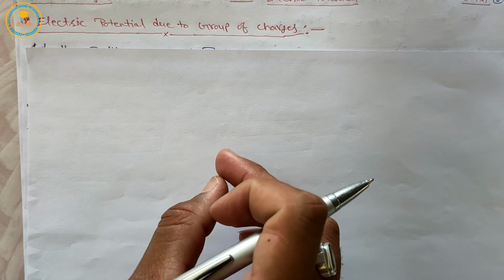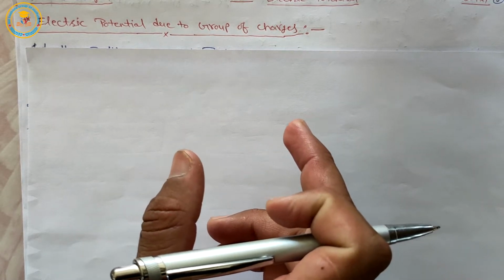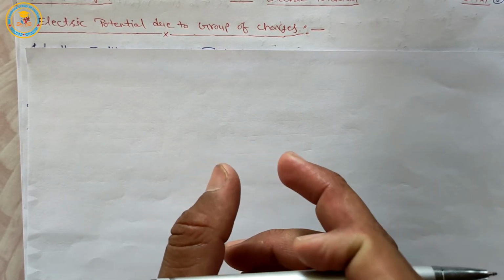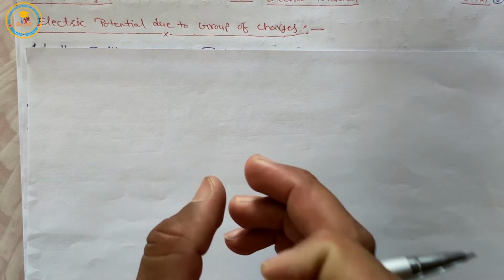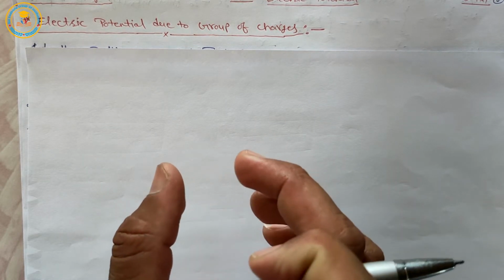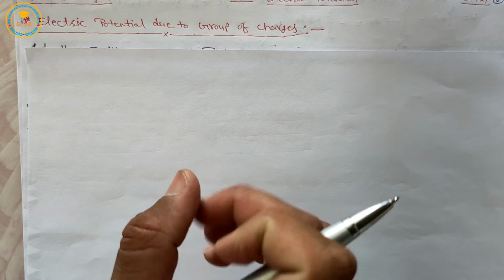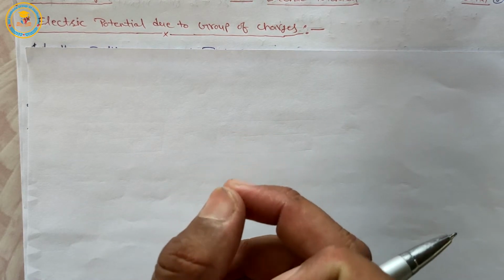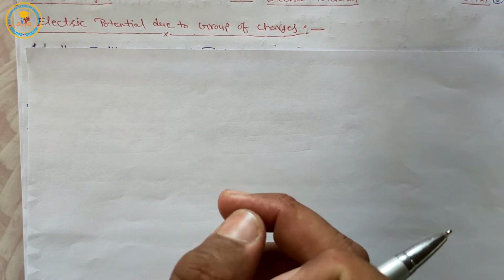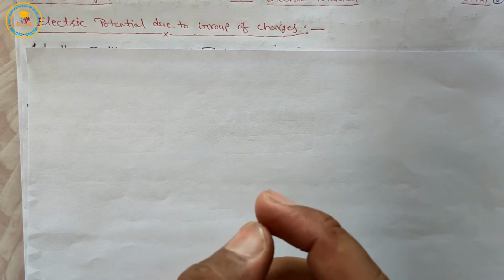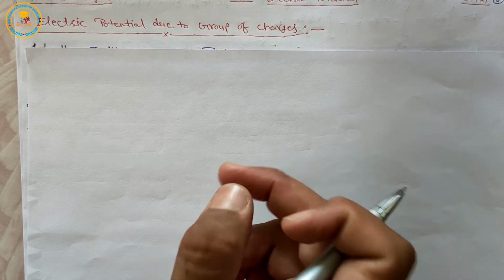Okay, so we can say V is equal to W upon Q naught. Q naught is the test charge, a positive test charge, and we know the unit of electric potential is joule per coulomb or volt.